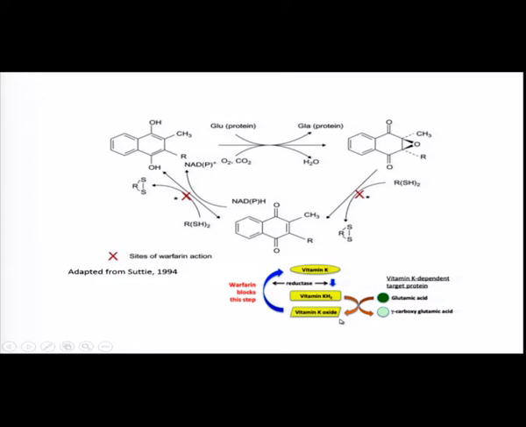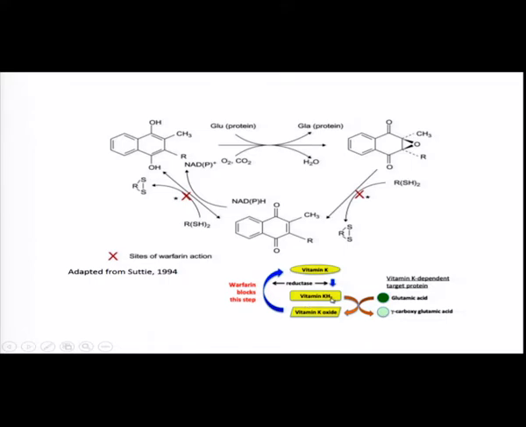Actually we were looking at how you add this carboxyl derivative as part of the gamma carboxylation reaction, and here you see how the glutamic acid proteins are getting converted to the GLA proteins. Okay, you see there, this is a very concise mechanism.